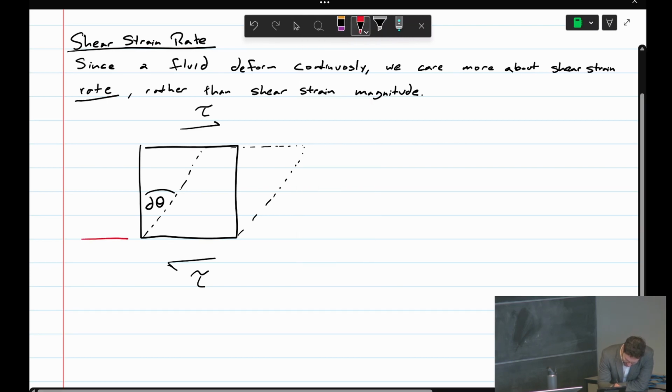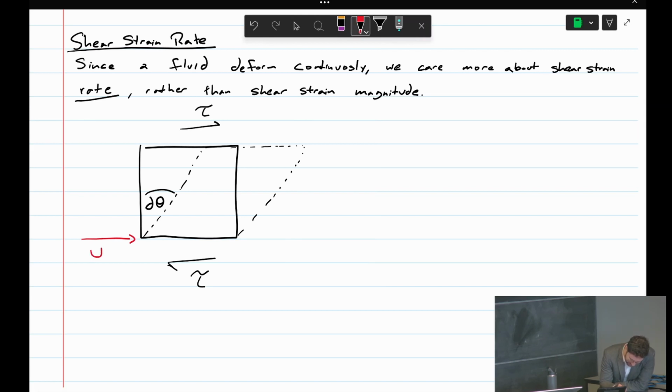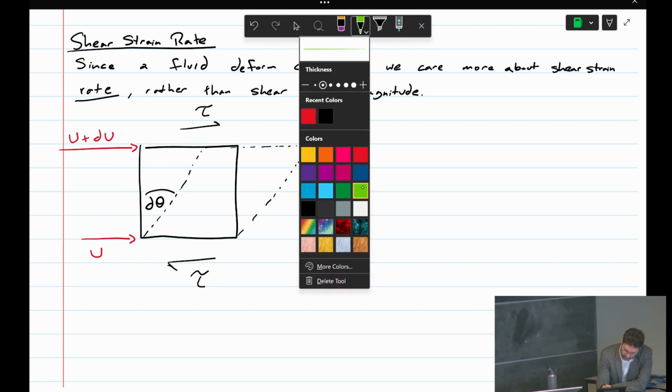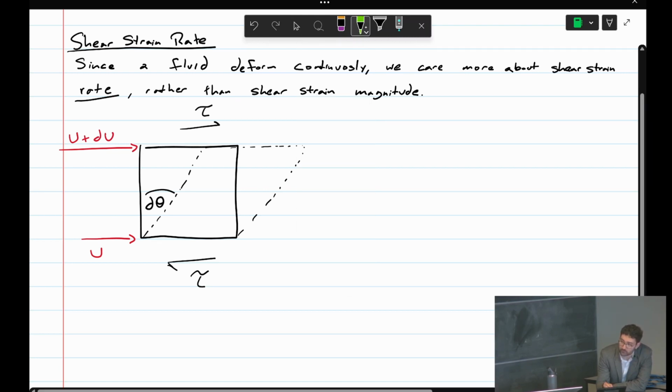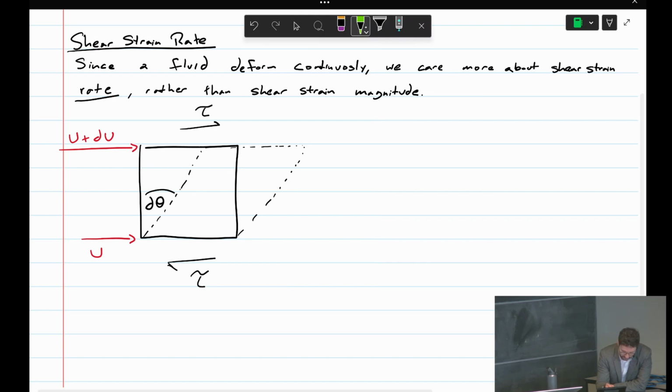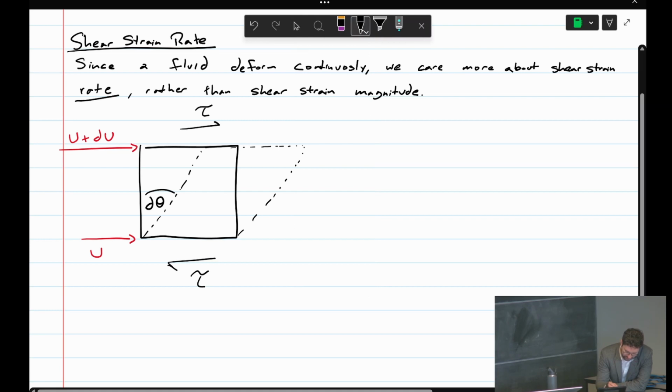So let's say at the bottom corner of this fluid element, we have some velocity u. And at the top corner of that fluid element, we have some velocity u plus du. The height of that fluid element is dy.